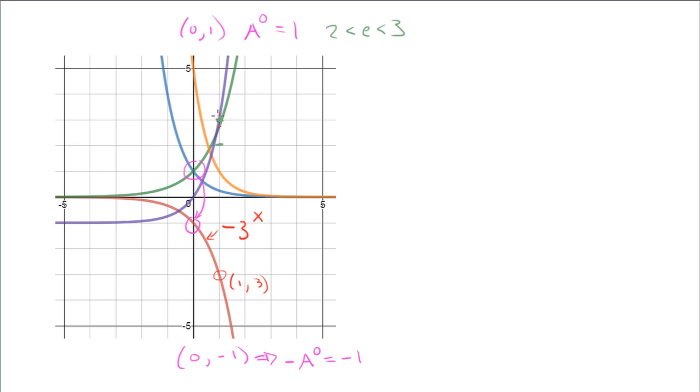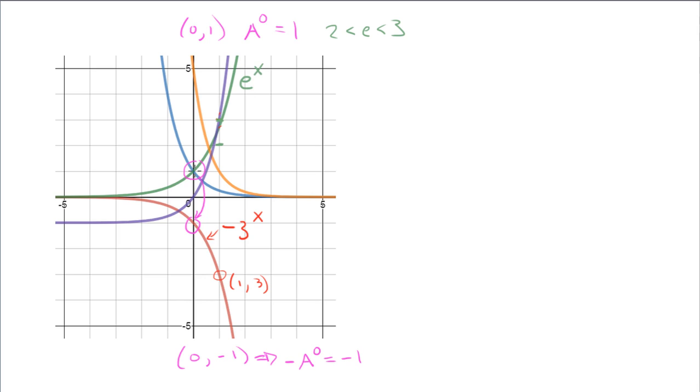So I'm going to guess that this green line is e to the x. It's not flipped backwards, it's not twice as tall or anything, it's not negative e to the x, it's not e to the negative x, it's not shifted left, right, or anything. So I'm just going to guess that this is e to the x. Alright.